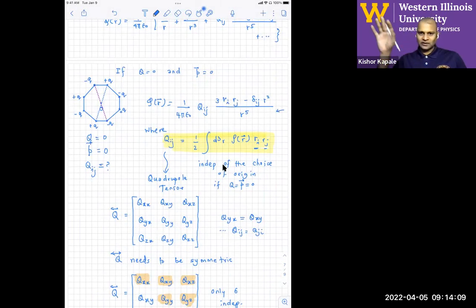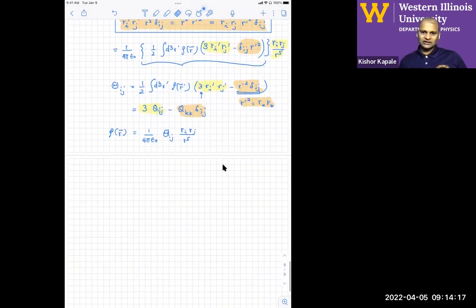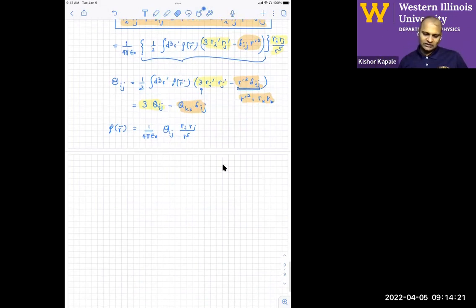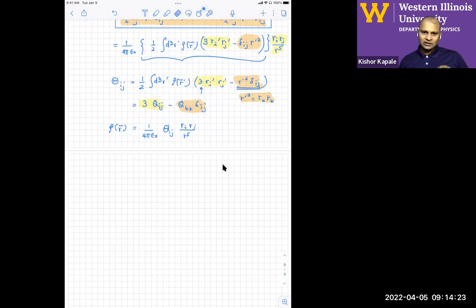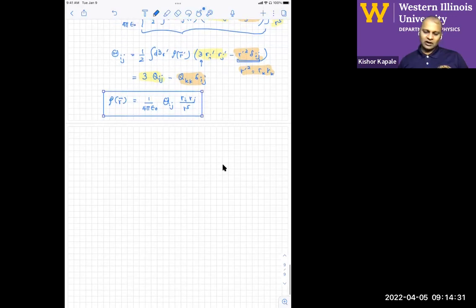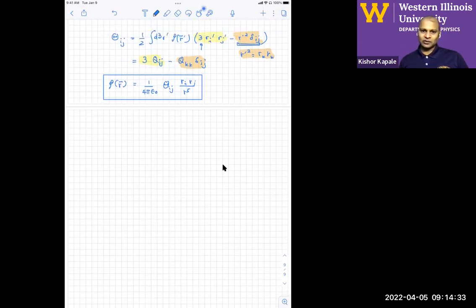This one had all of these tensor components, which had at least 2 terms in them. In this final expression, there's only one tensor component, which is ri rj. So that's much easier to see. And so that's your new expression for the electric scalar potential in terms of the traceless quadrupole tensor.